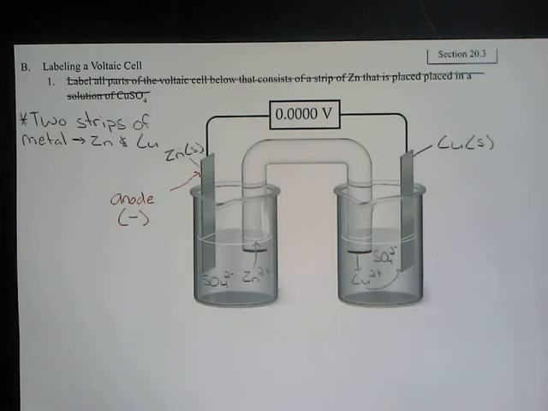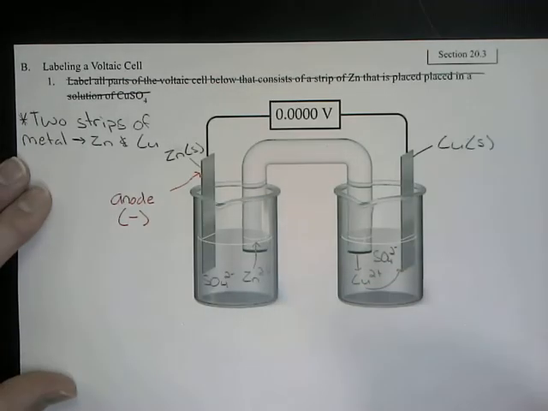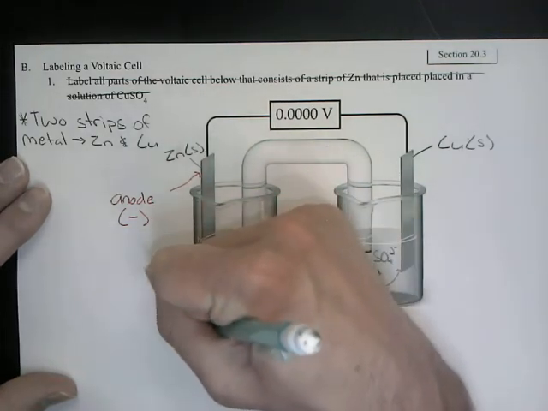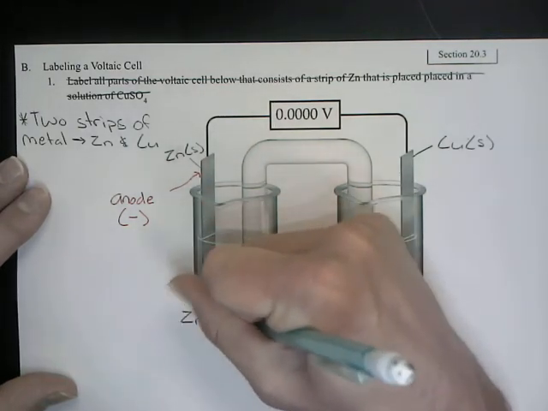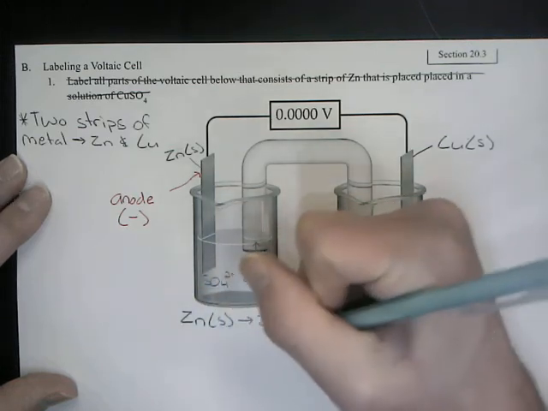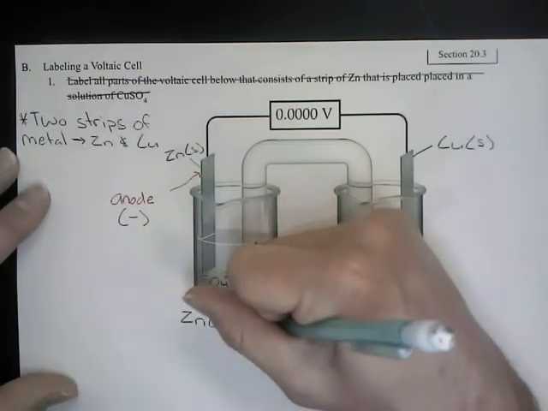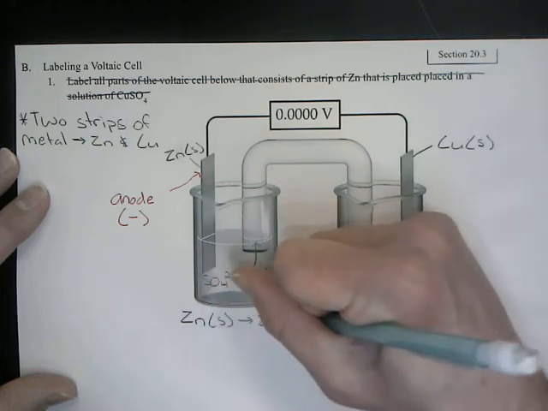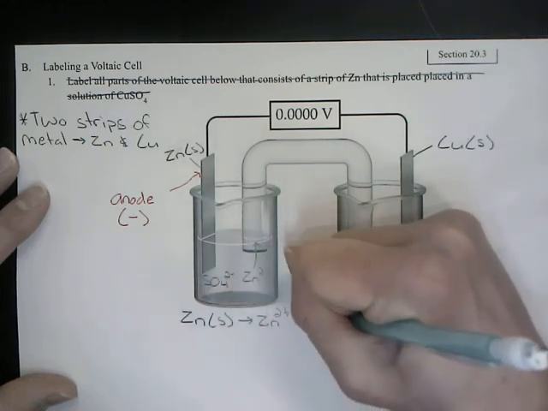Okay, so oxidation is loss of electrons. And so what this means is this. We would get solid zinc going to zinc 2+ and 2 electrons. This would happen here.